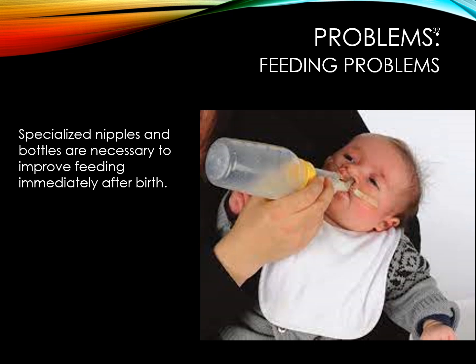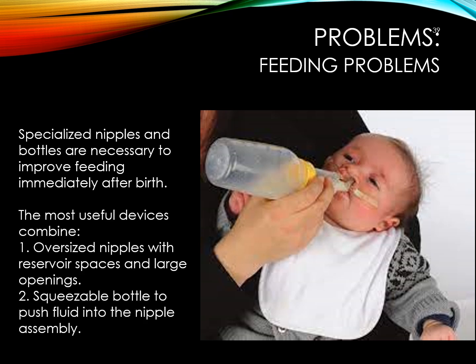Specialized nipples and bottles are necessary to improve feeding immediately after birth. The most useful devices combine oversized nipples with reservoir spaces and large openings, and a squeezable bottle to push fluid into the nipple assembly.